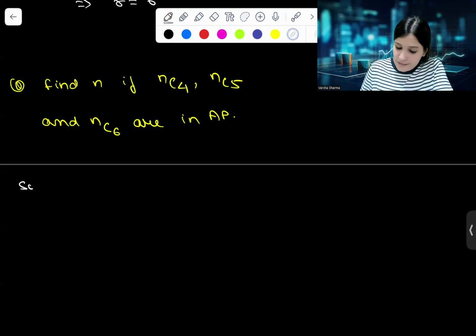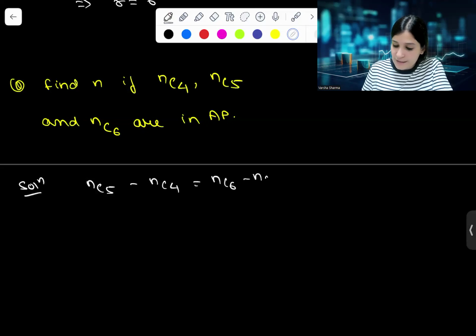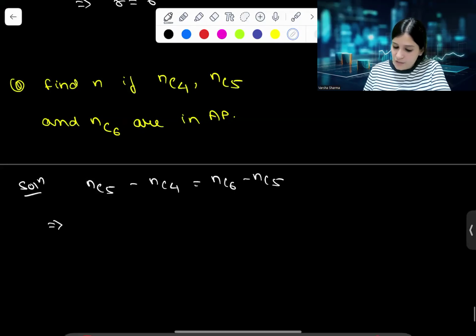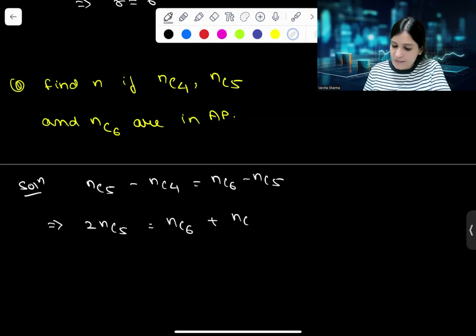Since they are in AP, what is AP? Difference same. So difference between second and first is same as third and second. So first we can write in this way: 2 times nC5 equals nC6 plus nC4.